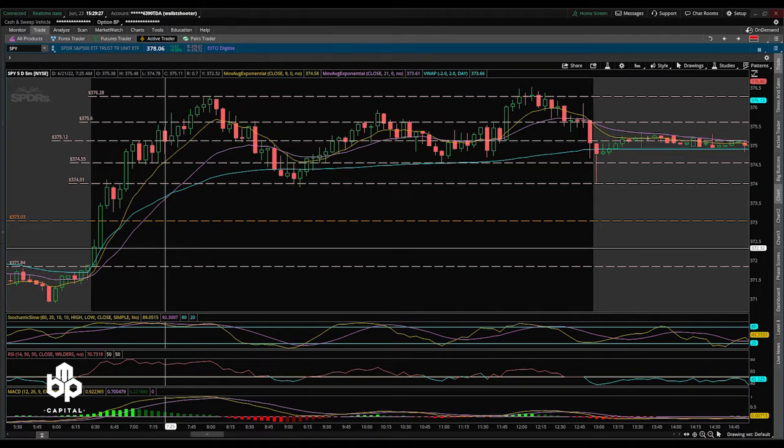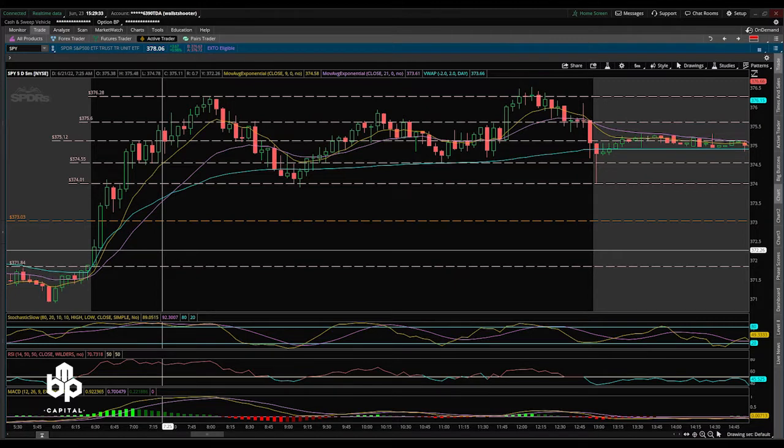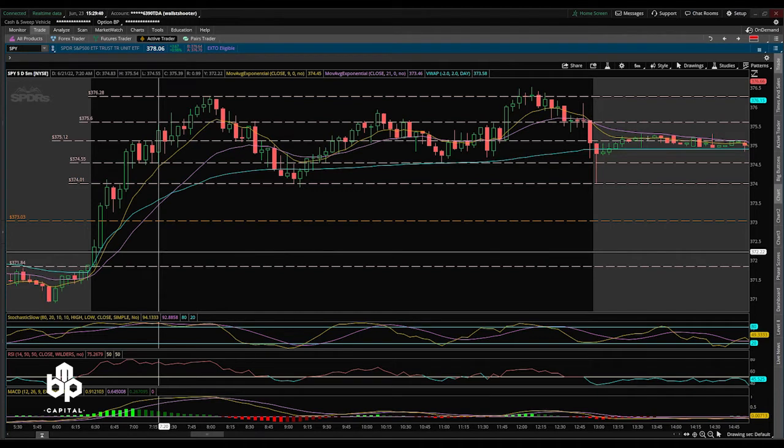I just want to show you guys how I use the break and retest method to trade price action. When I'm in the Discord, I call out plays, and I'm usually in those plays anywhere from 5 to 10, maybe 15 minutes, just depending.